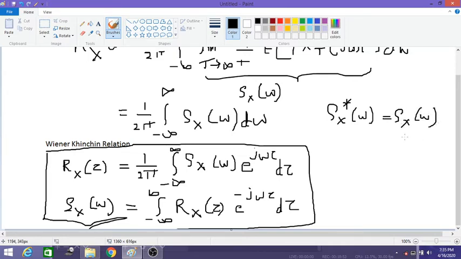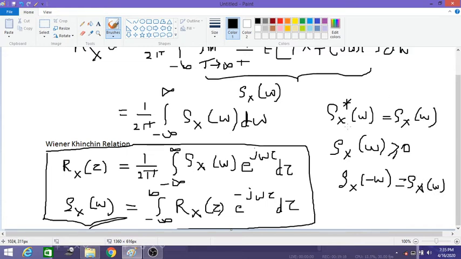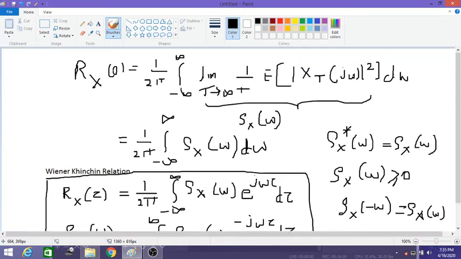Sx of omega is always greater than or equal to 0 for all omega, and it is an even function, which means Sx of minus omega is equal to Sx of omega. These are a few properties of power spectral densities that you have to know.